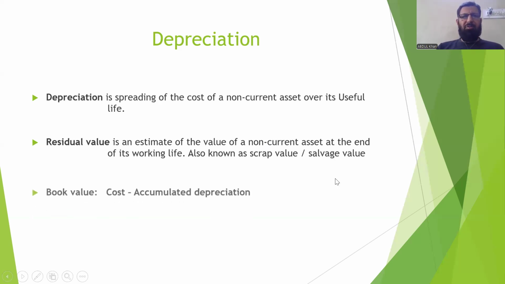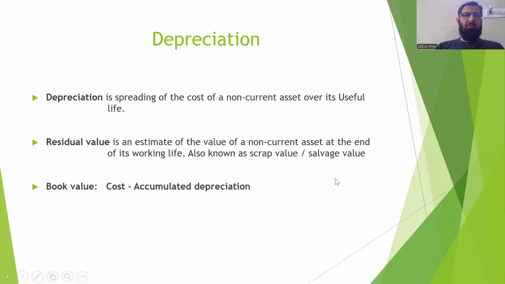So the next definition is book value. What is book value? Book value is the cost minus accumulated depreciation. That means, whatever the cost of the fixed asset is, when you subtract the depreciation of that particular period of time, let's say after 1 year, whatever depreciation you have calculated, then you subtract it from the cost, you will get the book value.